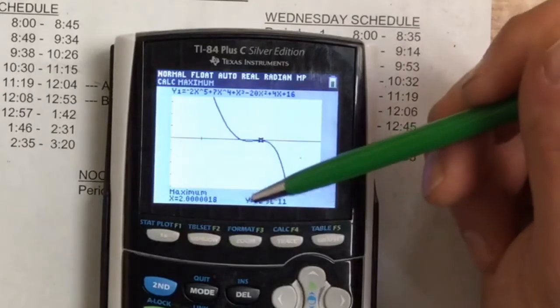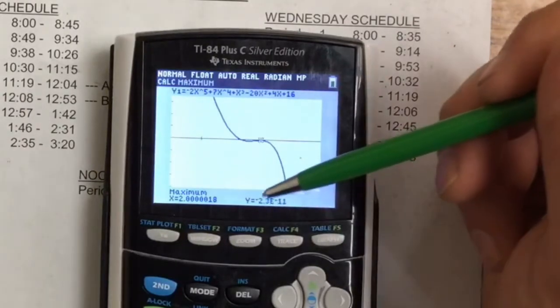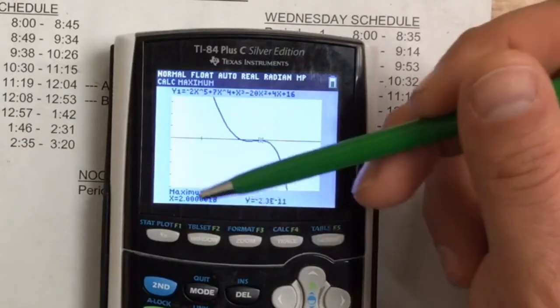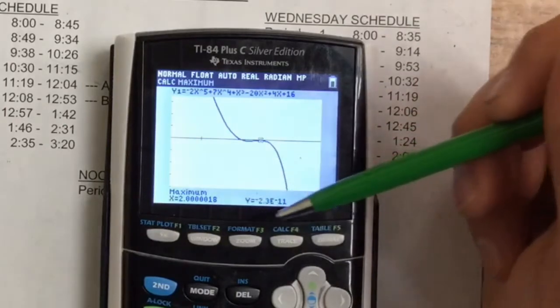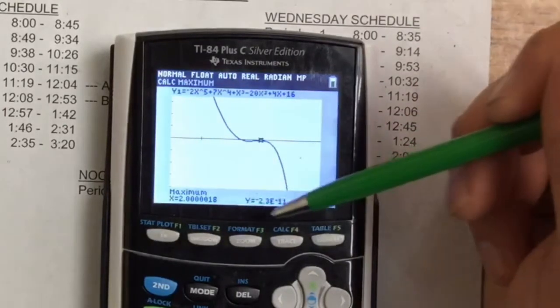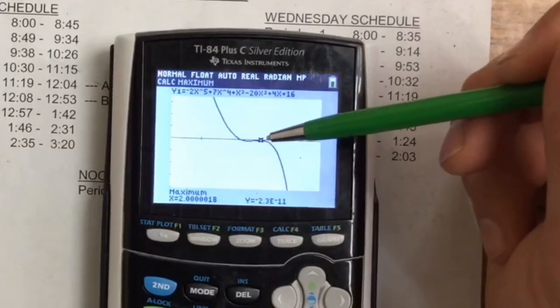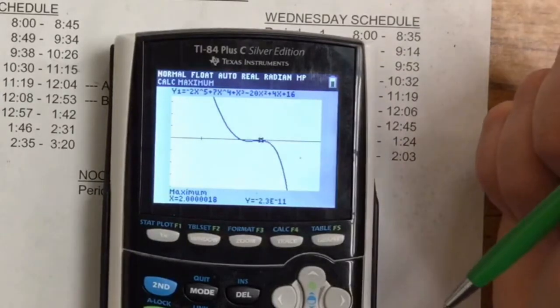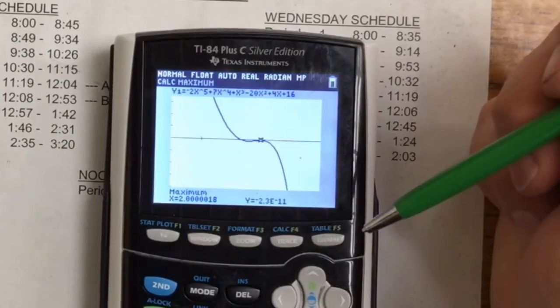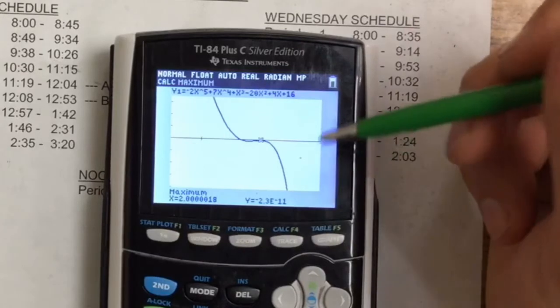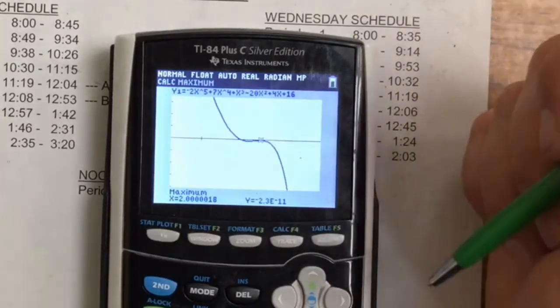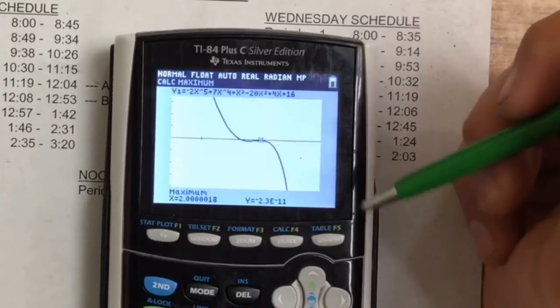Sometimes you won't even get that same number. But this is really saying move the decimal place 11 places that way, put zeros in. This is really saying 0, and it's just having a tough time saying it. So negative 2 comma 0 is a local maximum. Also a 0 for this graph. Okay.